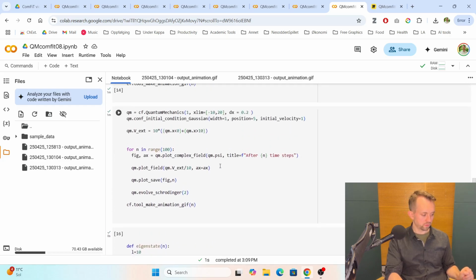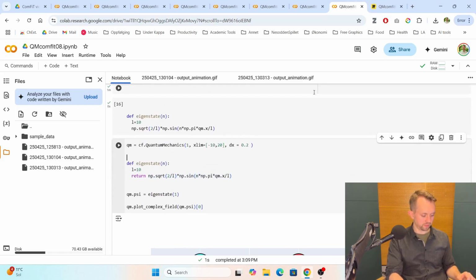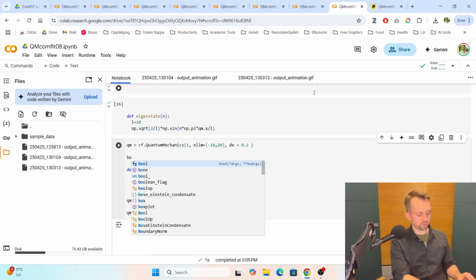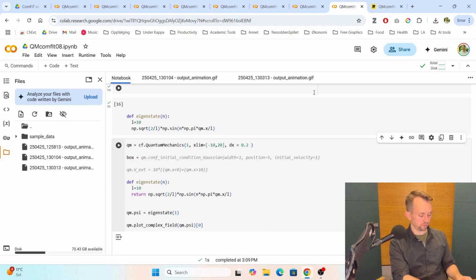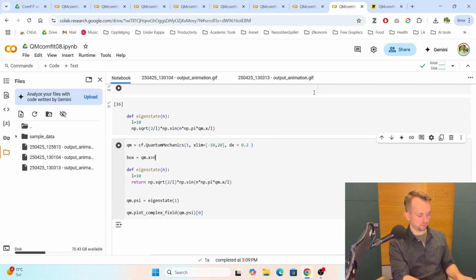So the way to do that, I think, is just to specify that the box is equal to qm.vx, qm.x bigger than 0, but also that qm.x is less than 10. So this is our box.